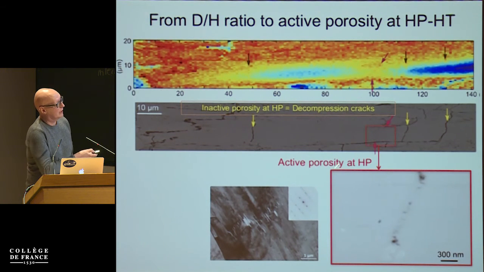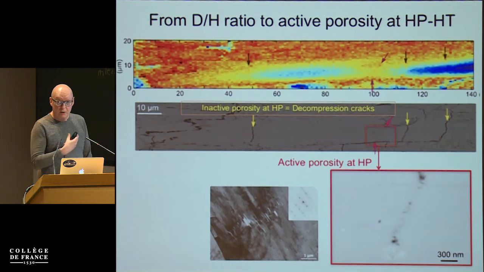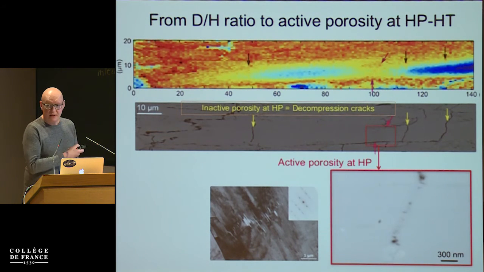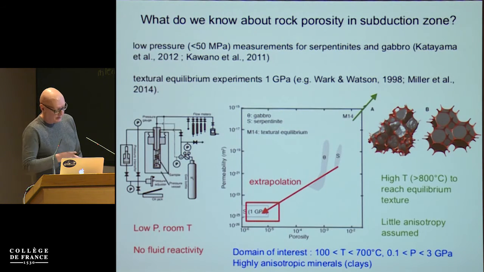And when we look with much higher resolution on SEM or in TEM, we can characterize this porosity, which has the shape of different pores with negative crystal shapes. So it is very important to do this kind of experiment to characterize the porosity that is really active during the high pressure and high temperature experiment and what happens in subduction zones.